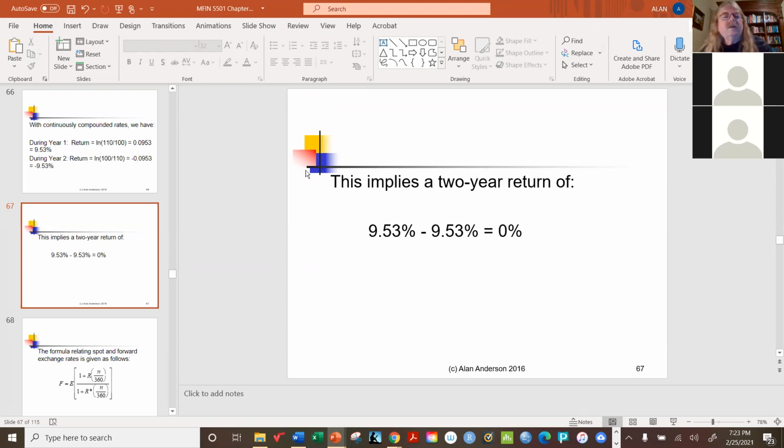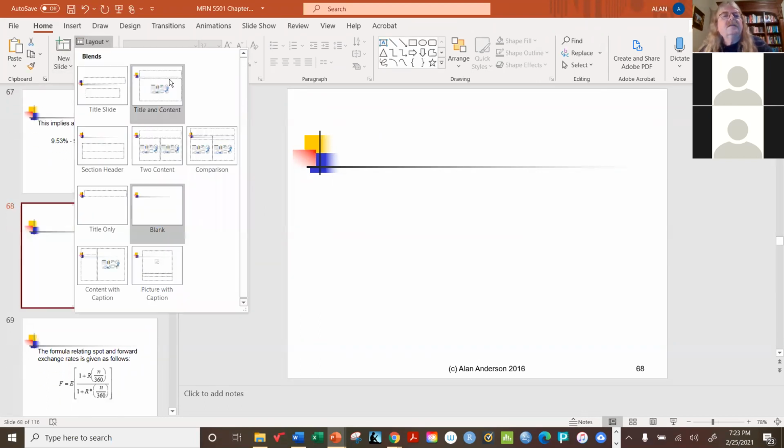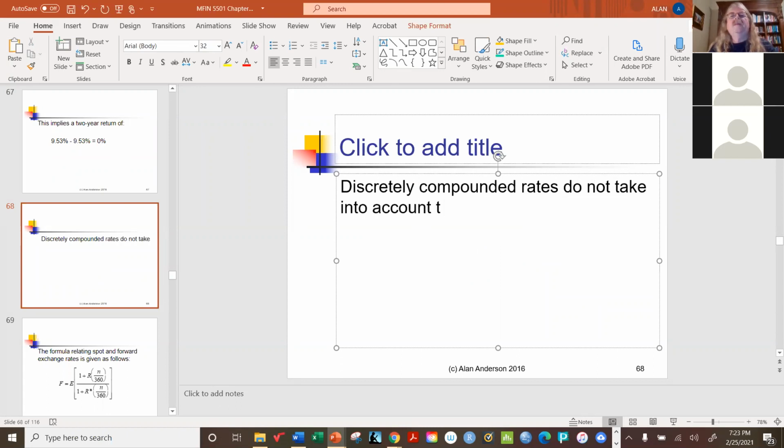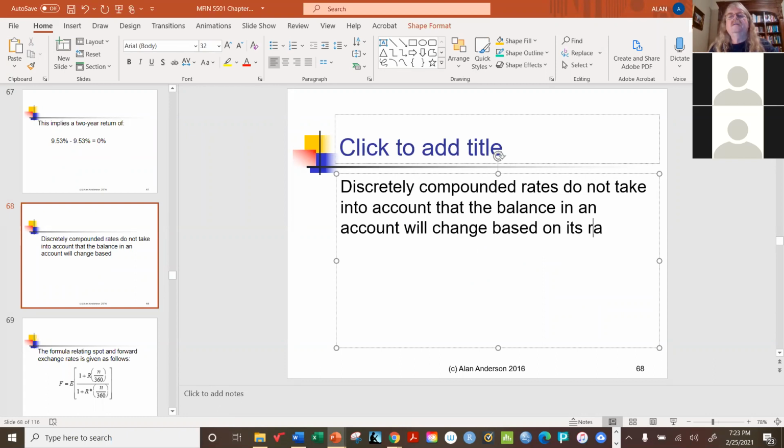The problem with the discretely compounded rates is this: they do not take into account that the balance in an account will change based on its rate of return over time, and will tend to overstate the true rate of return.